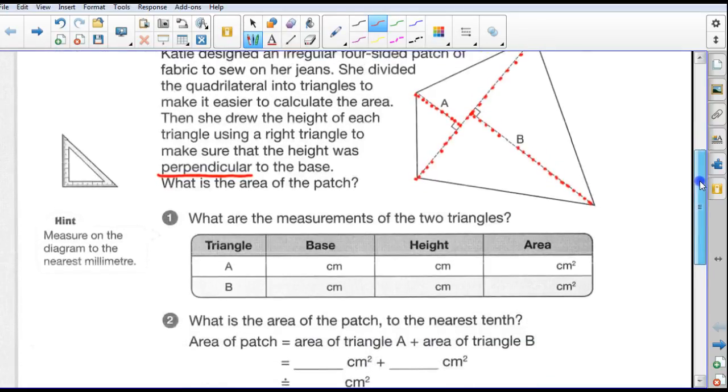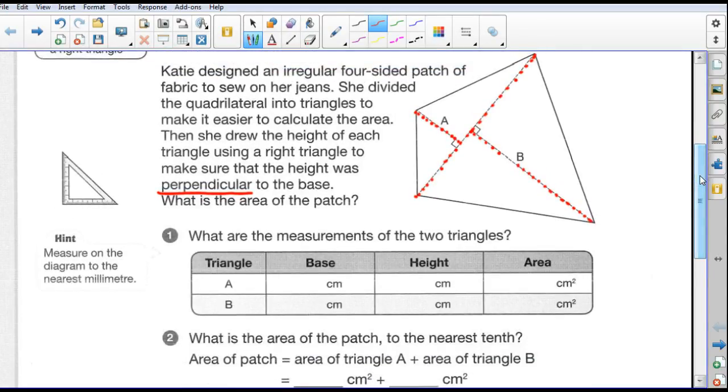So what are we going to do? We're going to calculate that area. You're going to take your ruler, and you're going to measure the dimensions on these 2 triangles, A and B. So number 1, what are the measurements of the 2 triangles? Well, I've already done this in advance. I've taken my ruler. Triangle A, the base is 6.5 centimeters, and since A and B share the same base, both are 6.5.